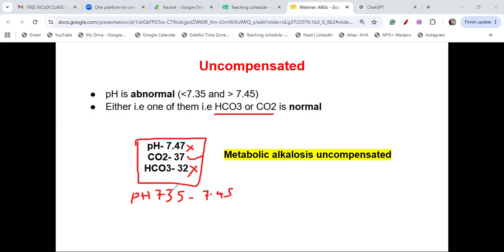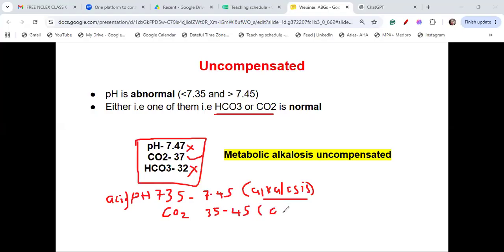This one's very easy for you to remember, but the moment you introduce this aspect of alkalosis on the side, then it makes your work easier when it comes to matching. This bit helps you when it comes to matching. And then CO2, 35 to 45.